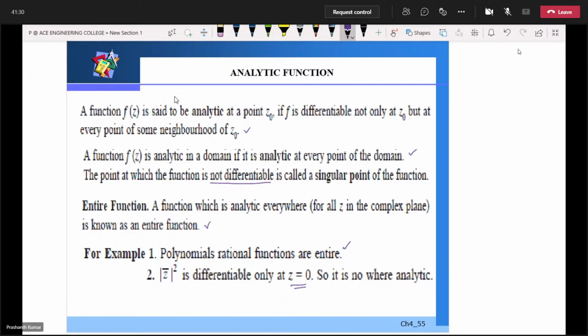I will discuss and show this one, don't worry. Mod z whole square is differentiable only at z is equal to 0. The point where the function is not differentiable is called a singular point of the function.